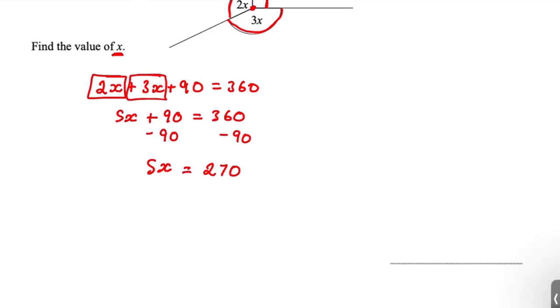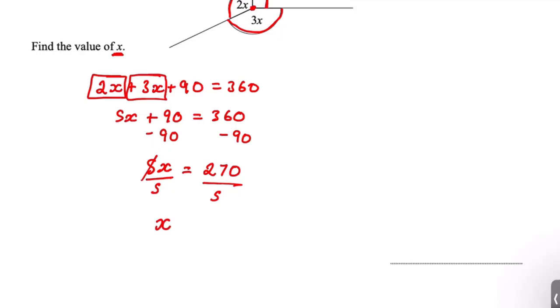And then we want the x by itself. At the moment it's being multiplied by 5. So to get rid of that multiplied by 5, we're going to do the opposite of it and divide by 5. And whatever we do to one side, we must do the same to the other side. So we're going to divide by 5 on the other side as well, and that's going to get rid of this 5 that we have here.